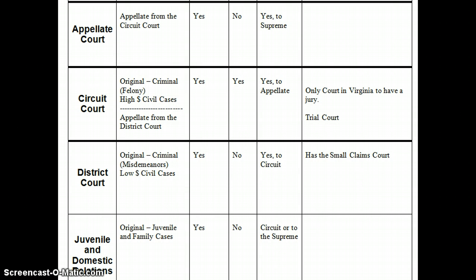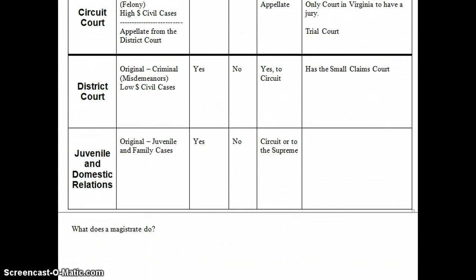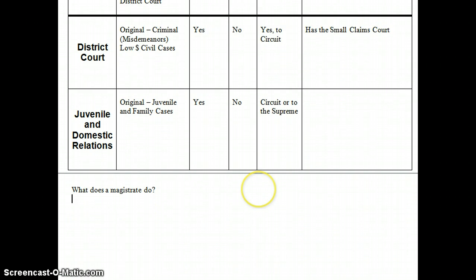The only other thing on the page is down at the bottom, asking what does a magistrate do? Well, a magistrate does several things. They can issue search warrants, they can issue arrest warrants, they can issue a subpoena, a summons, and they set bail.